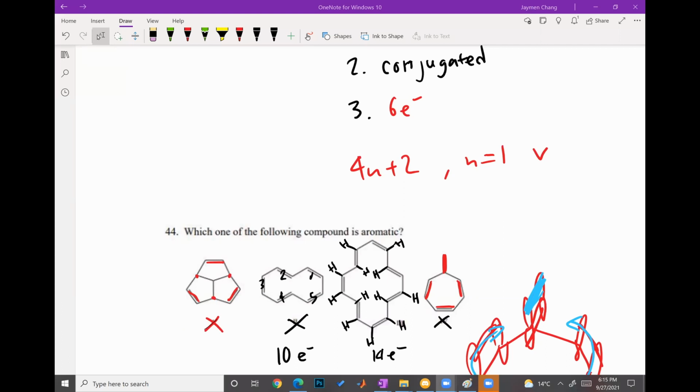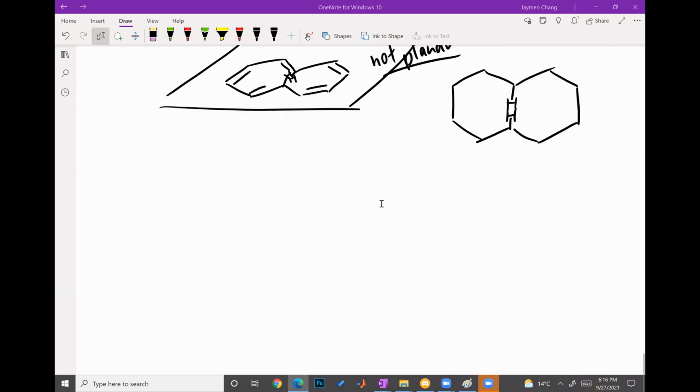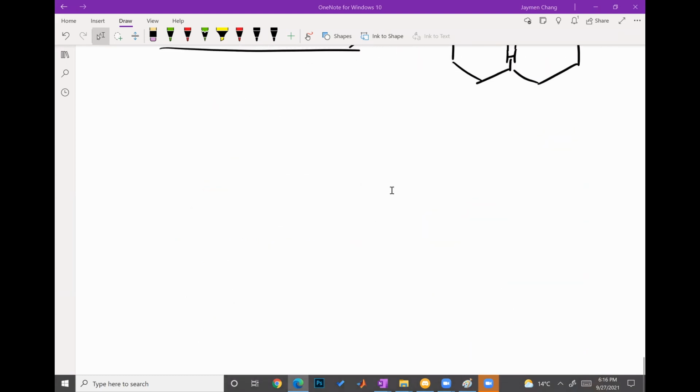Okay, cool. All right. So what we want to talk about is the dominant form at a given pH. So this is a very common question and it is guaranteed to be on your OChem exam. If it's not on your first midterm, it will be on your second and it will be on your final.